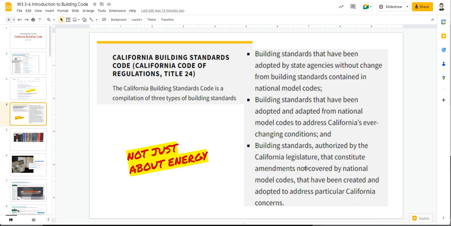Also, some laws that the Senate has enacted because of safety issues, or because they want to protect the public. So the California Building Code is not just about energy. It is about the whole building code.